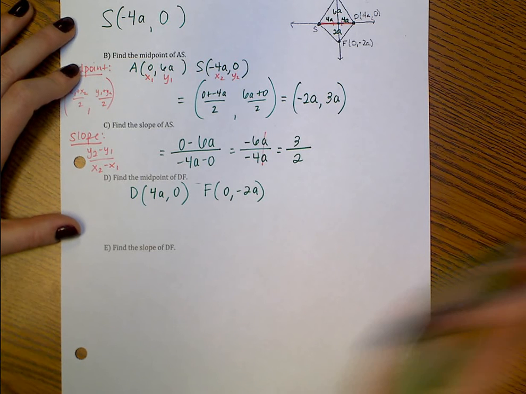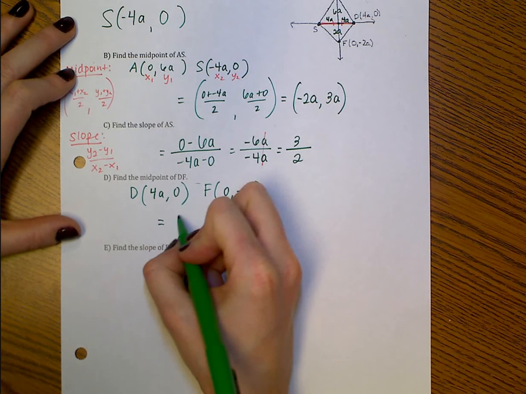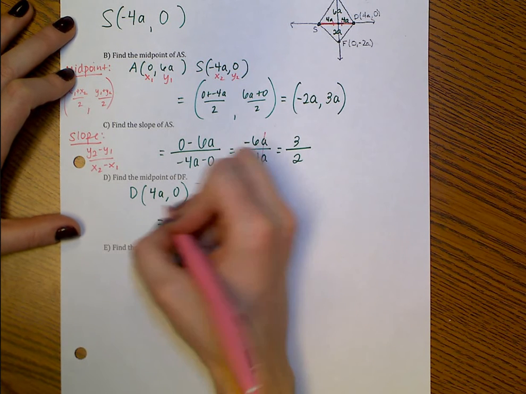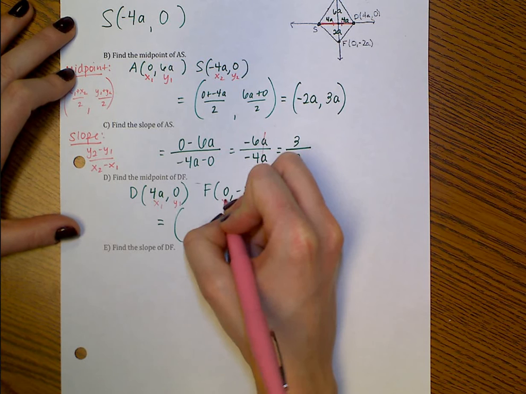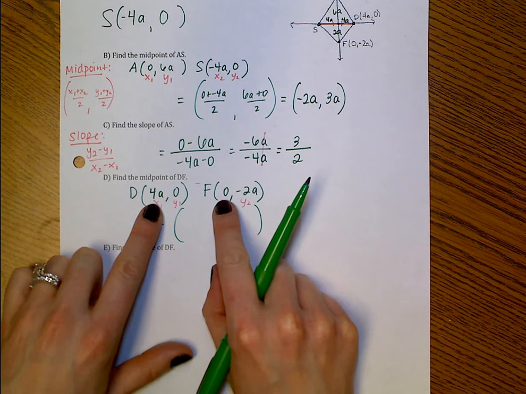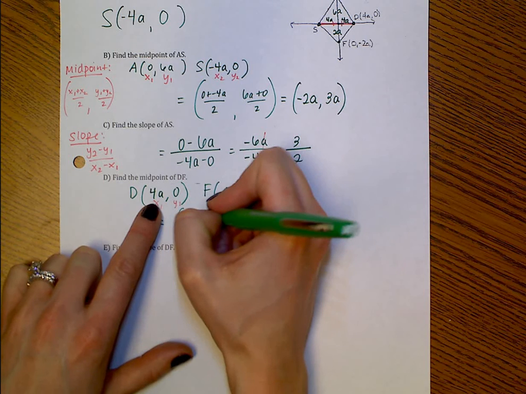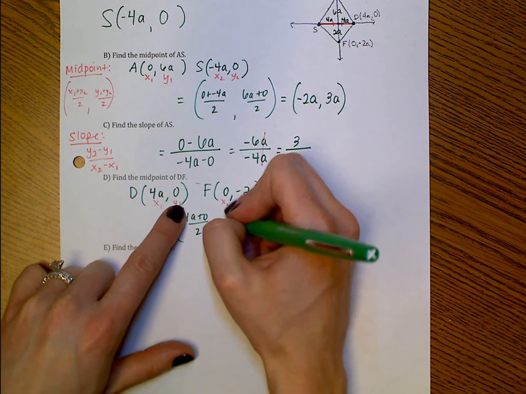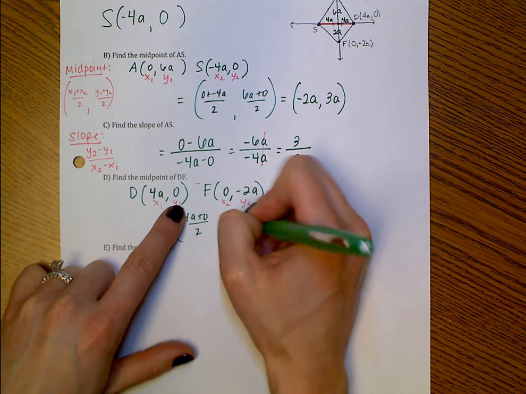All right, plugging into my midpoint formula, giant ordered pair. Let's label them x1, y1, x2, y2. I need to add the x's together: 4a plus 0, divided by 2. Add the y's together: 0 plus negative 2a, divided by 2.